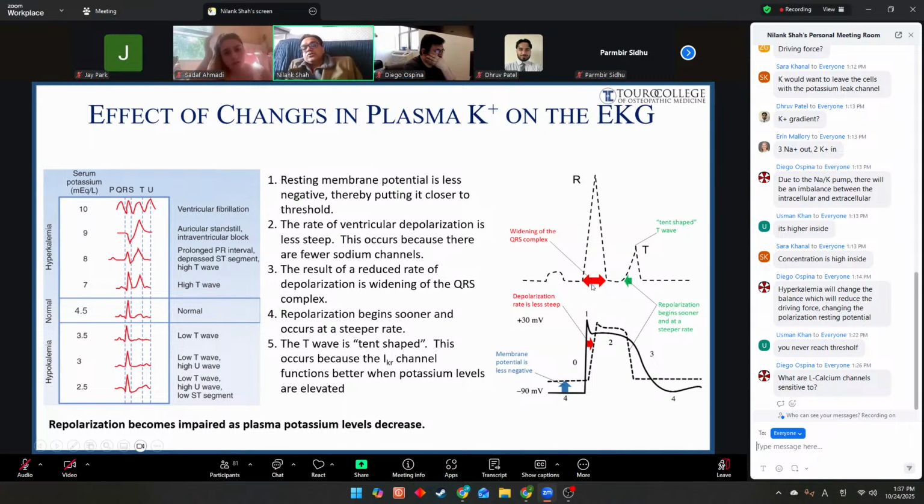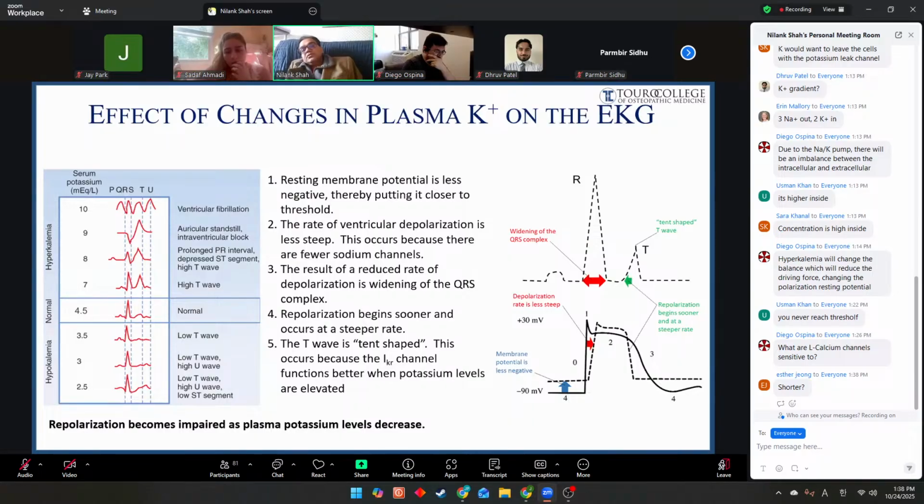What would happen to the QT interval? You know, Q starts from here, right?